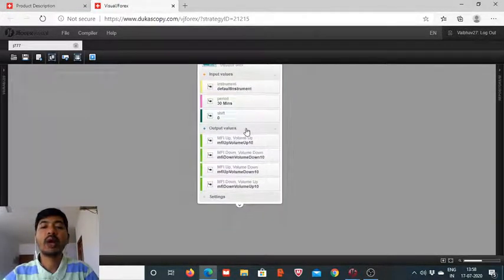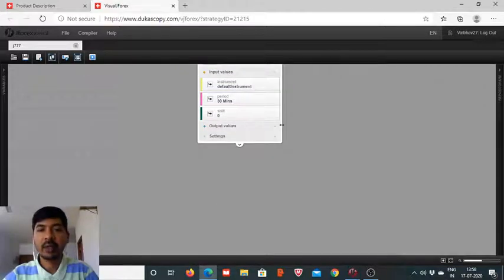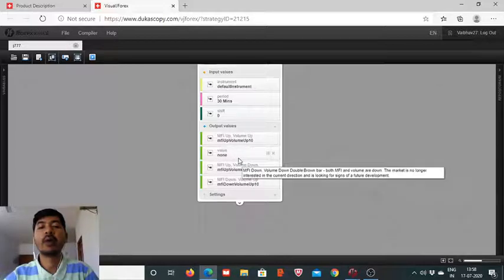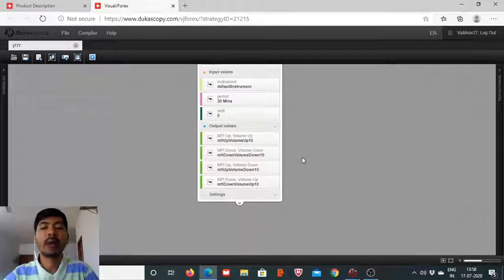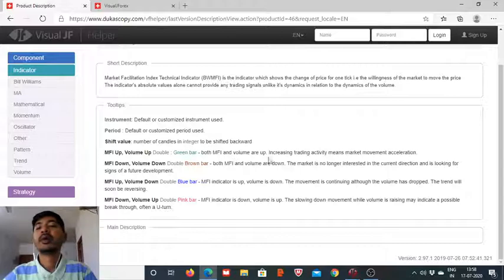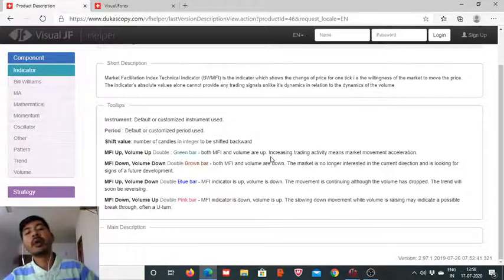Now coming to the output values, we have these 4 output parameters: MFI up, volume up; MFI down, volume down; MFI up, volume down; and MFI down, volume up. These four outputs have to be interpreted accordingly.